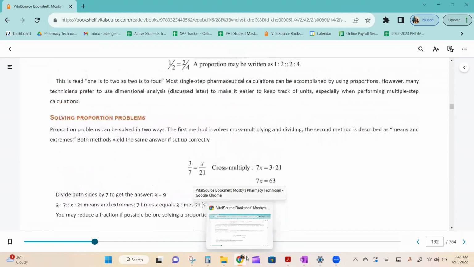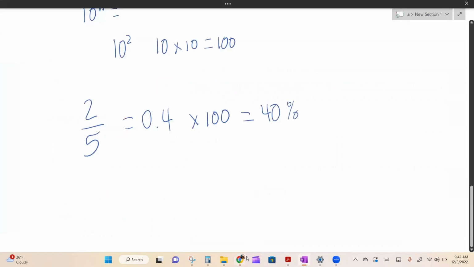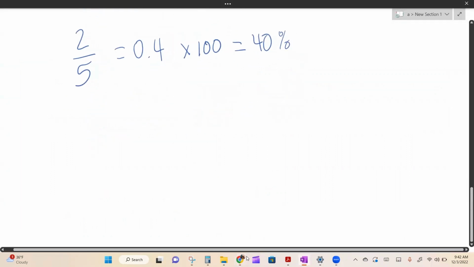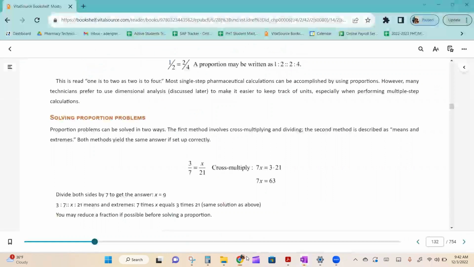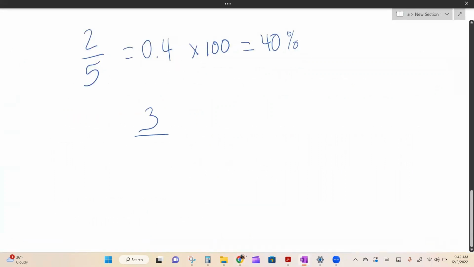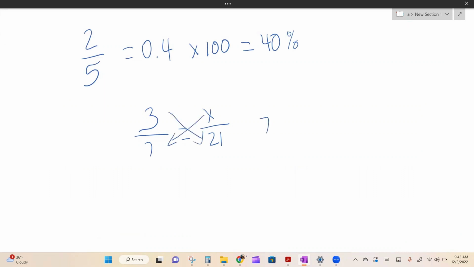I do think that way is pretty simple. I tend to skip doing the x and doing it the other way, but it's the same thing. So let's say we have 3/7 is equal to x over 21. Then it's 7x equals 3 times 21.